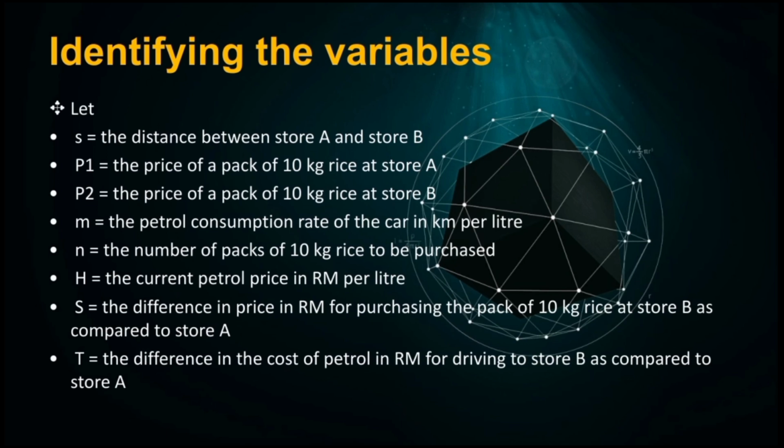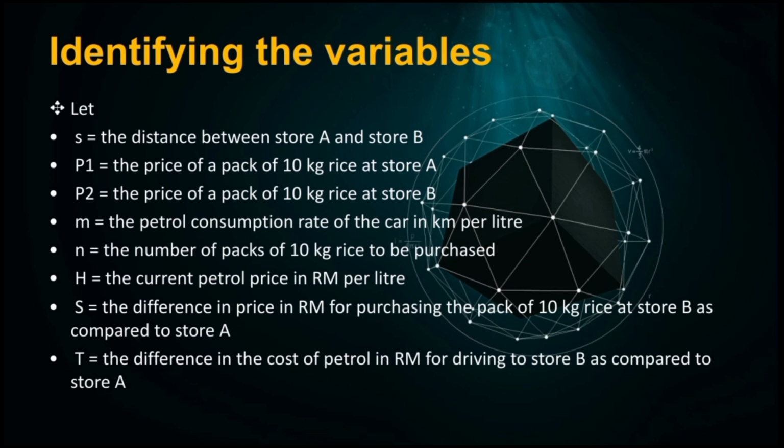S equals the distance between store A and store B. P1 equals the price of a package of 10 kg rice at store A. P2 equals the price of a package of 10 kg rice at store B. M equals the petrol consumption rate of the car in km per liter. N equals the number of packs of 10 kg rice to be purchased. H equals the current petrol price in RM per liter.